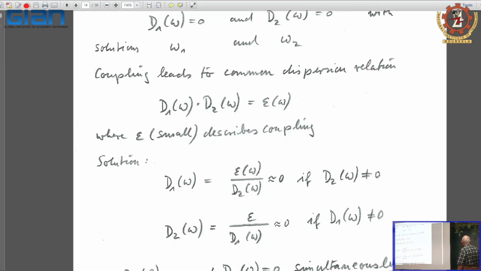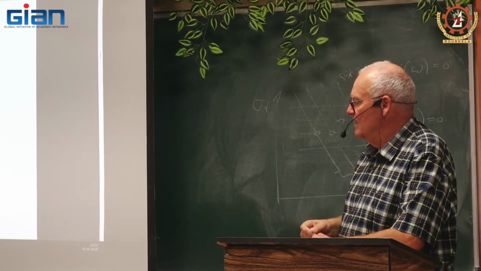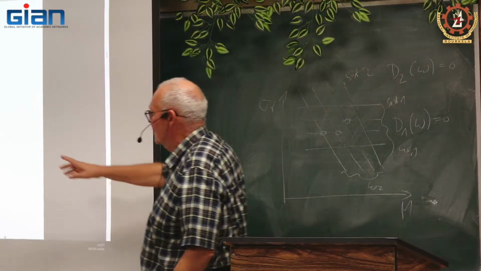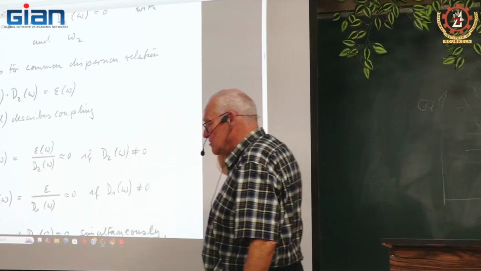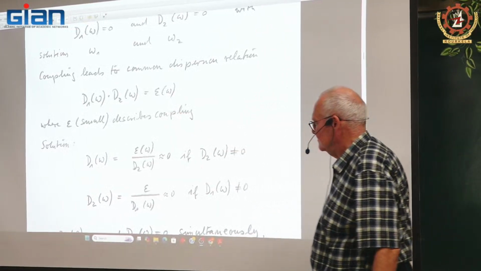So apart from the mode crossings, these points here, we have the original dispersion relations, the unperturbed or uncoupled dispersion relations, and we have the uncoupled modes. Only close to these crossings do we have to take into account the coupling of the two dispersion relations described by epsilon of omega.